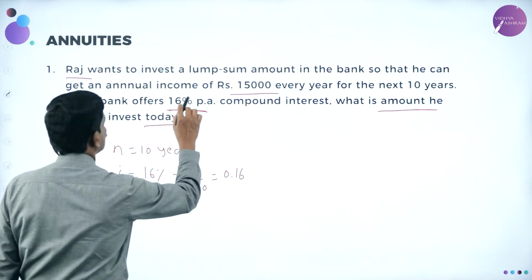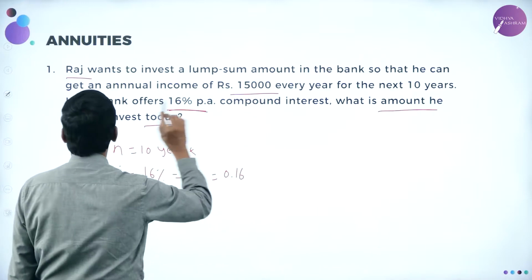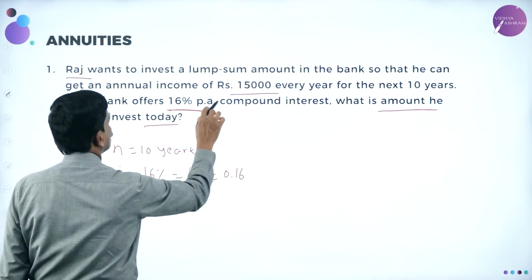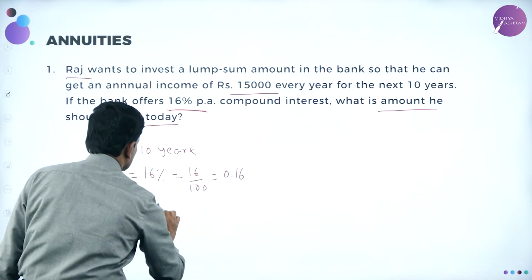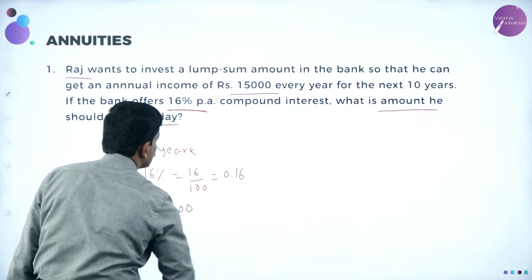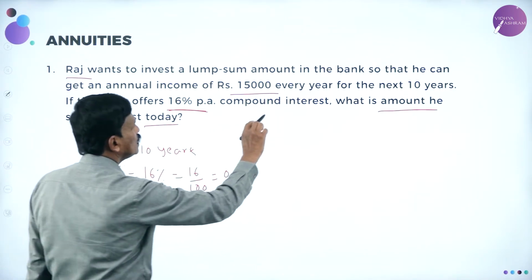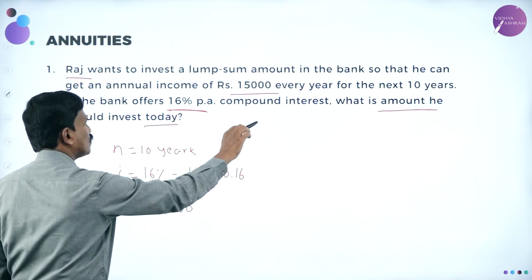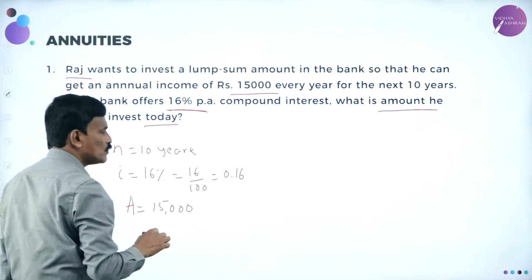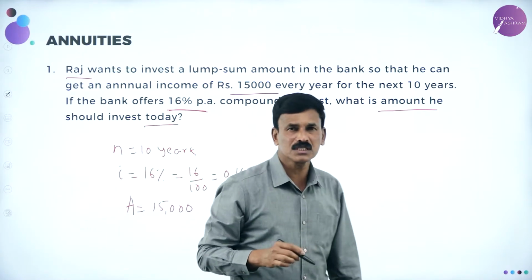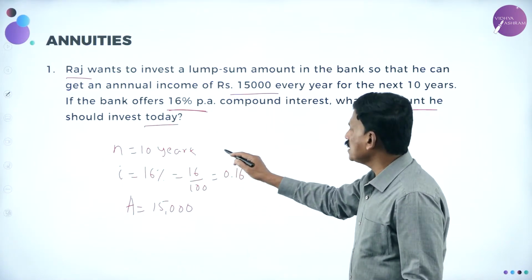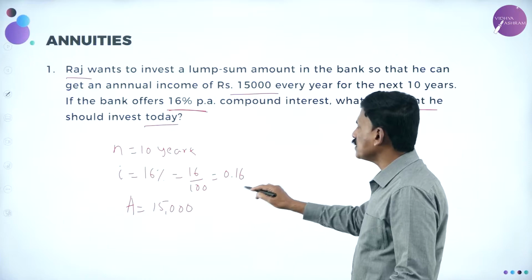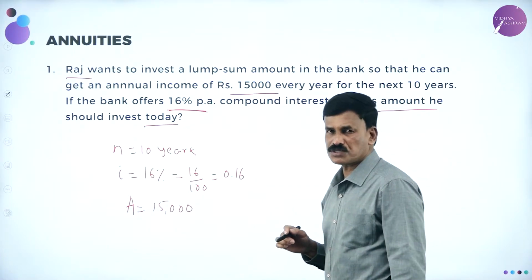Raj wants to invest a lump sum amount in the bank so that he can get an annual income of rupees 15,000 for every year for the next 10 years. If the bank offers 16% compound interest, what will be the amount he has to invest today? This is the given condition. So N is 10 years, I is equal to 0.16, A is equal to 15,000, right?